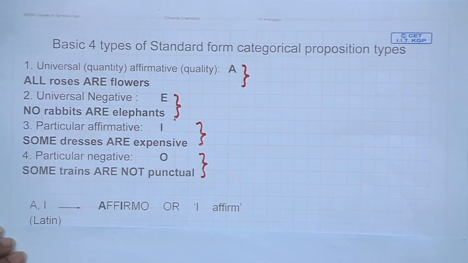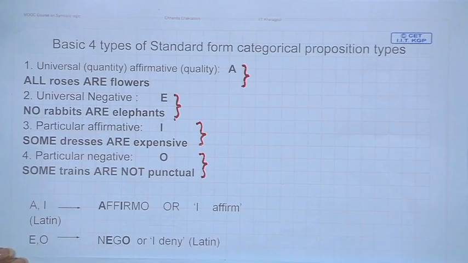We can make a surmise that the A and the I came from the Latin root affirmo, where you are affirming something. So, here is A, here is I, which stands for I affirm. That is where the A and I got their names from, and the E and O came from nego, which in Latin means I deny.